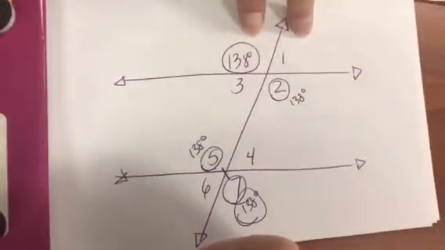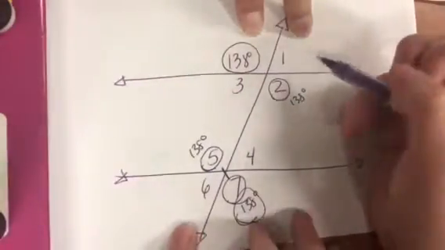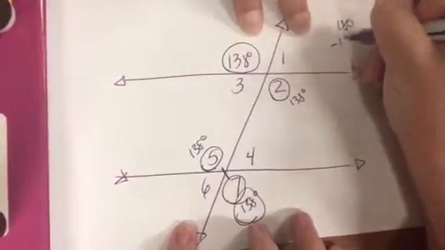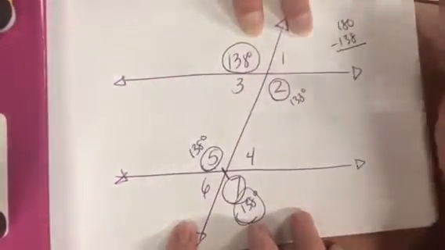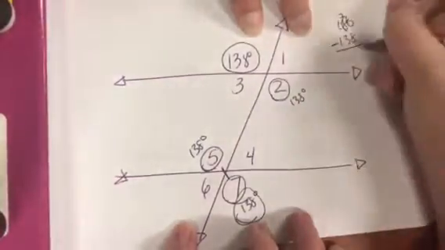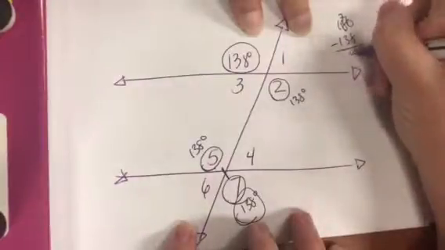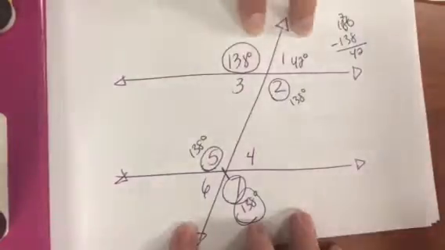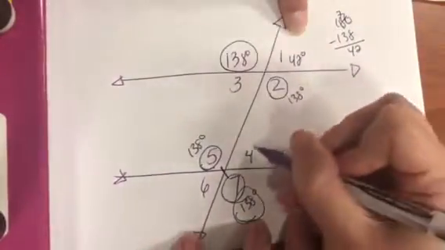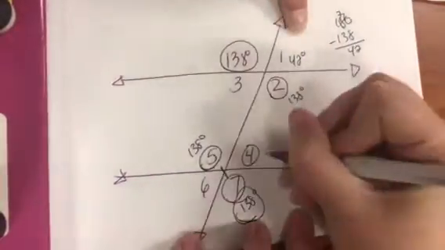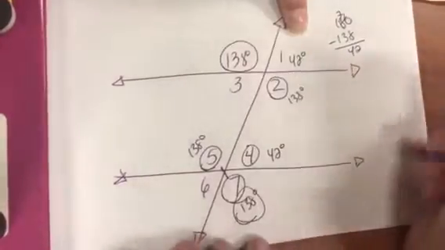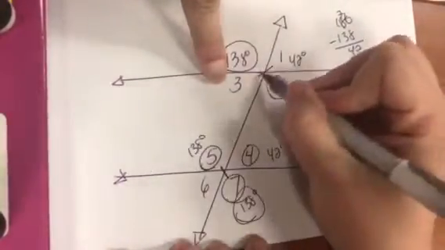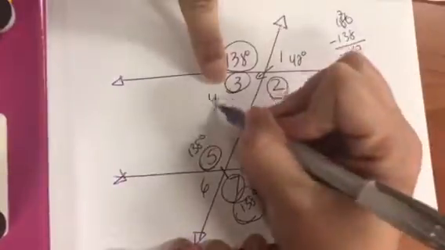That means this one would be 180 minus 138, wouldn't it? So this would be a 42-degree angle. Then we do the exact same thing. The corresponding angle would be angle 4, so it's 42 degrees. And then its vertical angle, angle 3, is going to be 42 degrees as well.